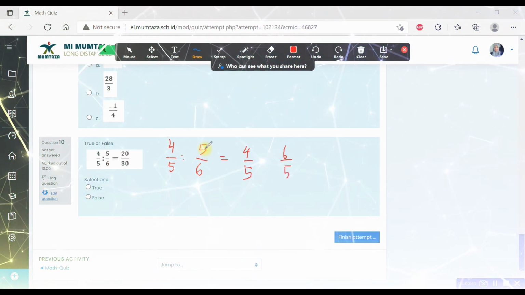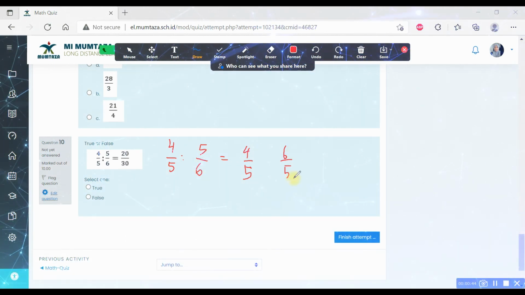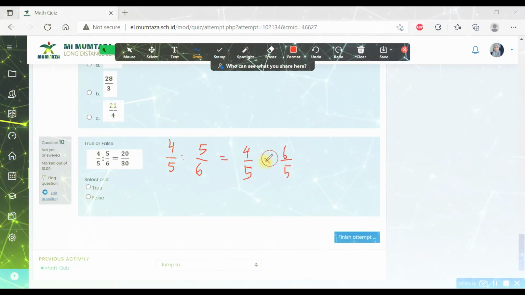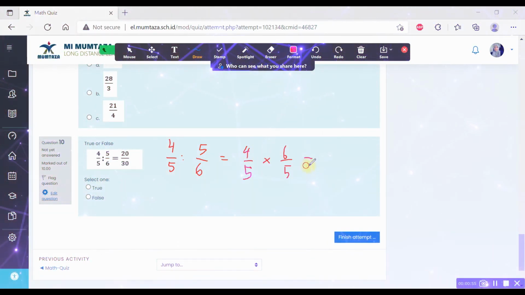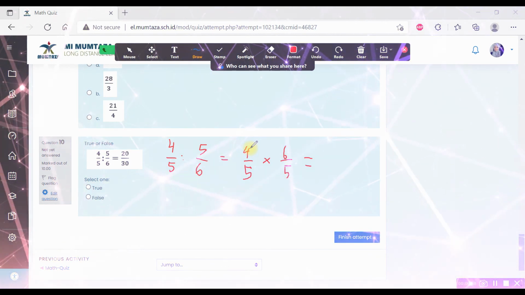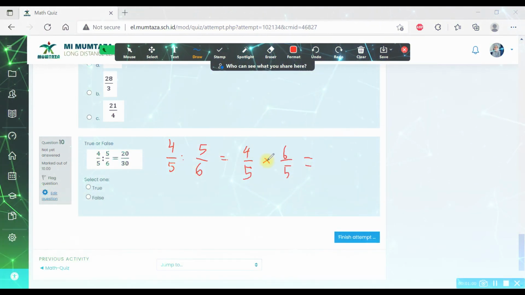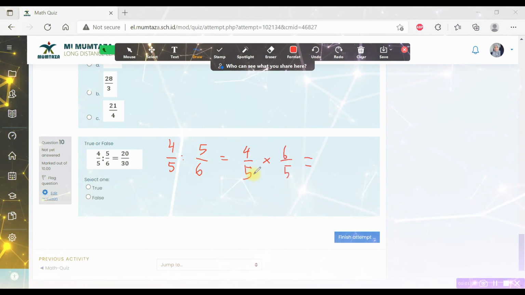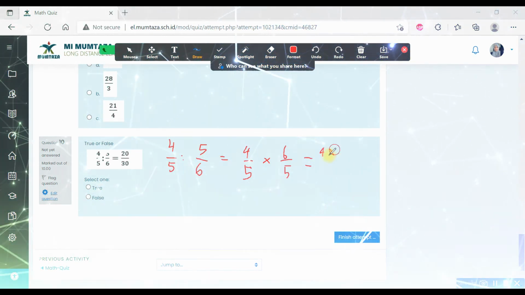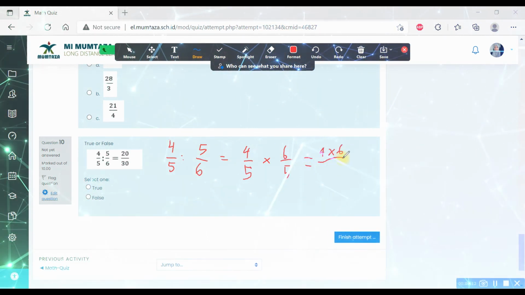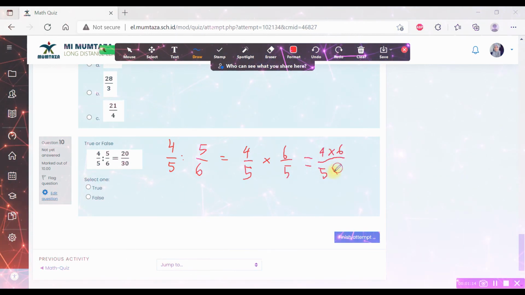From 5/6 it becomes 6/5. After inverting, the division becomes multiplication. For the top number, numerator times numerator, and for the bottom number, denominator times denominator. So 4 times 6, and for the bottom 5 times 5.